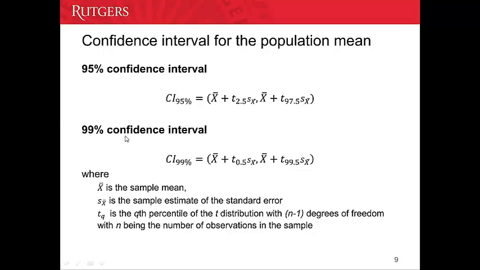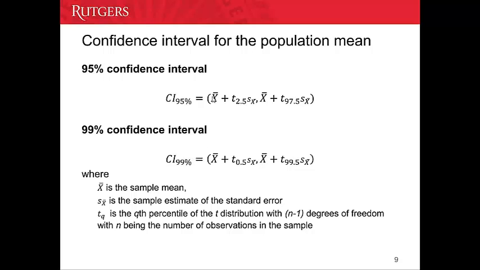And here we can also get the confidence interval with 99%. With a higher percentage, we try to exclude the most extreme values. We exclude the extreme values with 1% probability of happening.